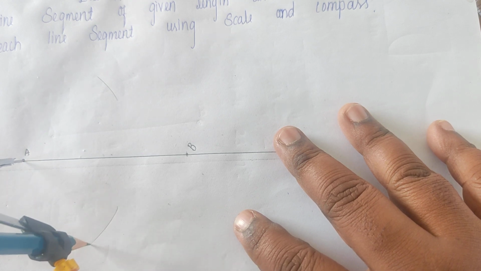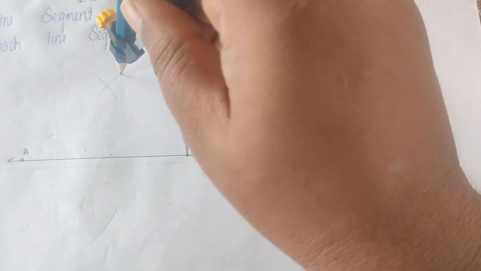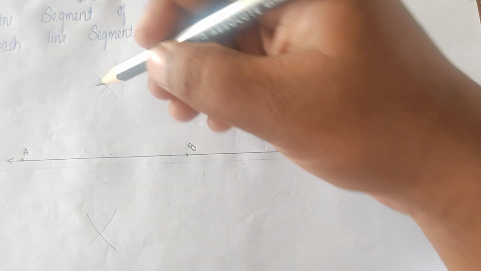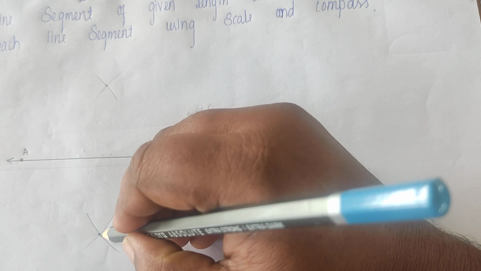So at the same radius, with B as center, cut AB's top and bottom. Okay, so mark the points C and D.